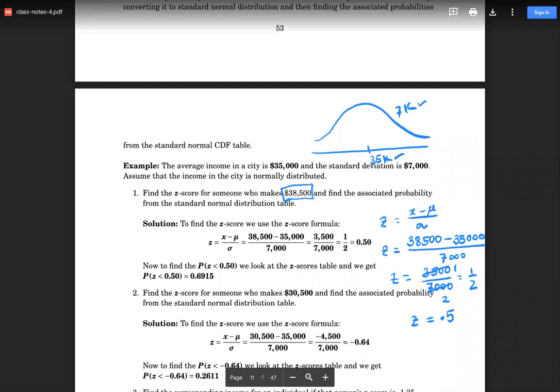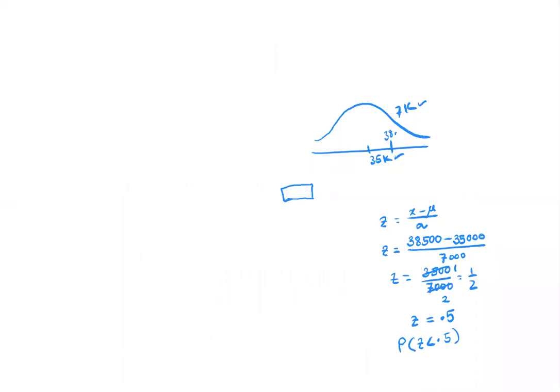Now I could ask you, find the probability that z is less than 0.5, right? Okay, which z, so 38,500, okay? So this is 38.5. So let me take the background off, 38.5.